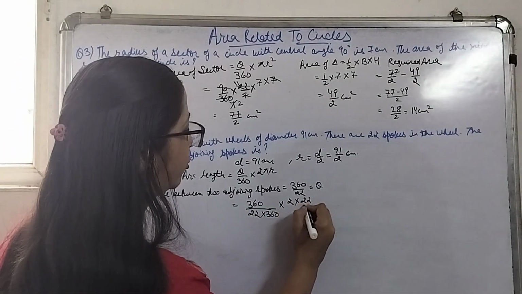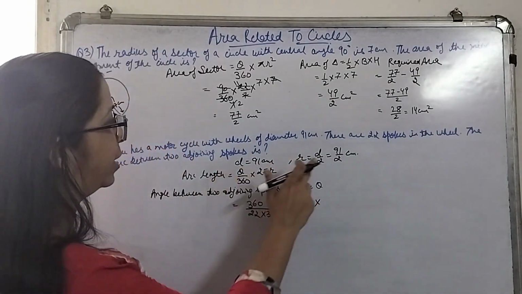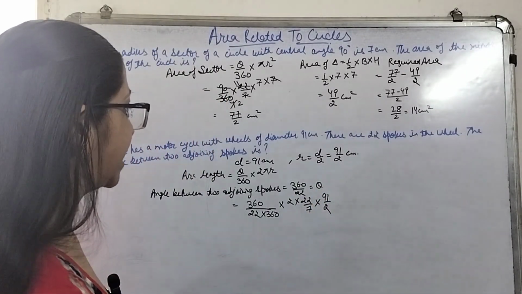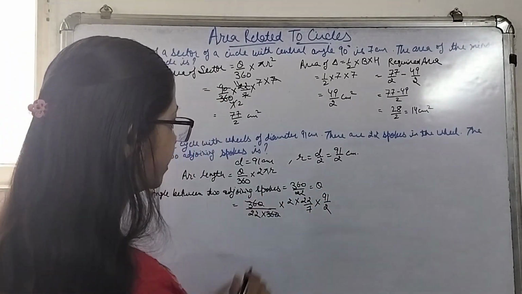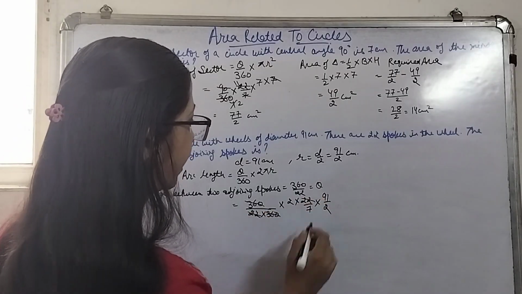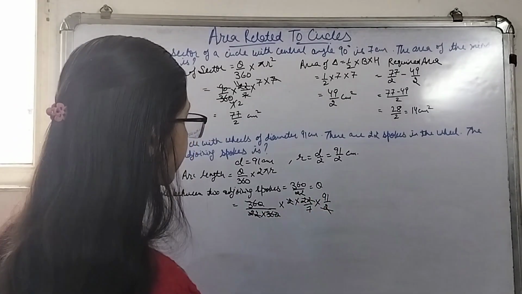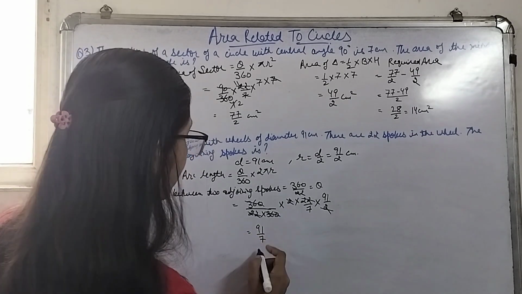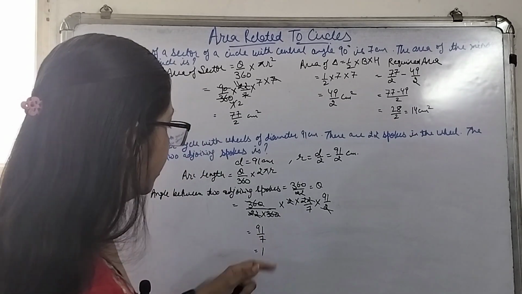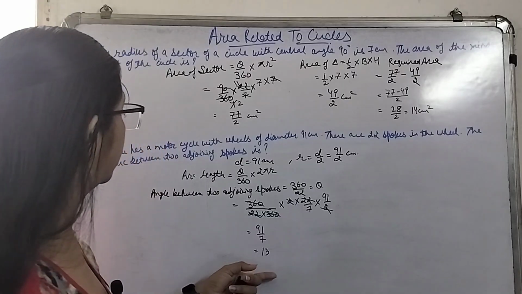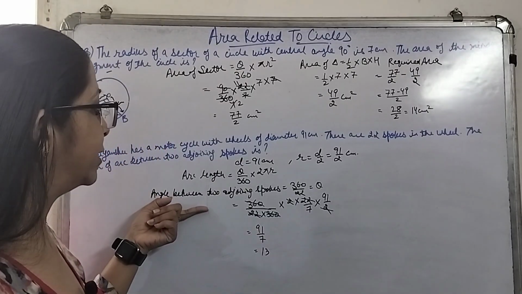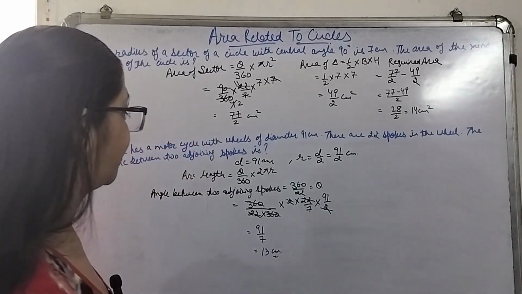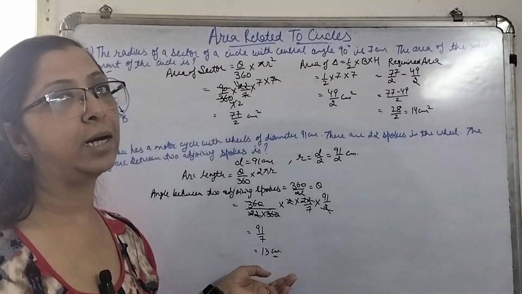Instead of pi, we take 22 by 7, and the value of r is 91 by 2. Now we cancel whatever can be cancelled: 360, 22 and 2 cancel, remaining is 91 over 7. 7 ones are 7, 7 threes are 21, so it is 13. Because arc length was asked, the unit will be 13 centimeter. This will be the required arc length.